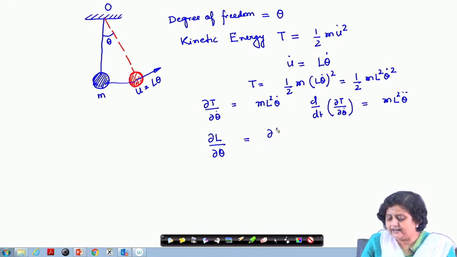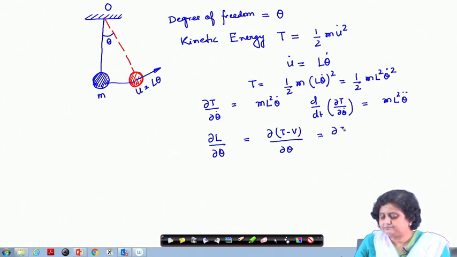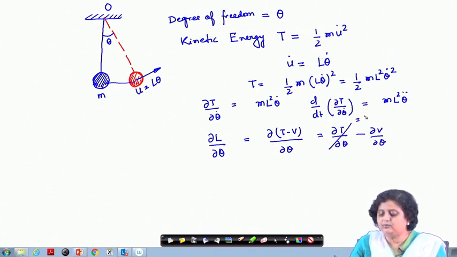So, that is del T minus V by del theta. Del T by del theta equals 0, because T is not a function of theta, it is a function of theta dot. So, I have minus del V by del theta.